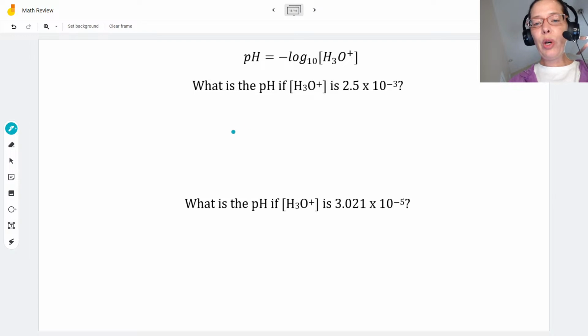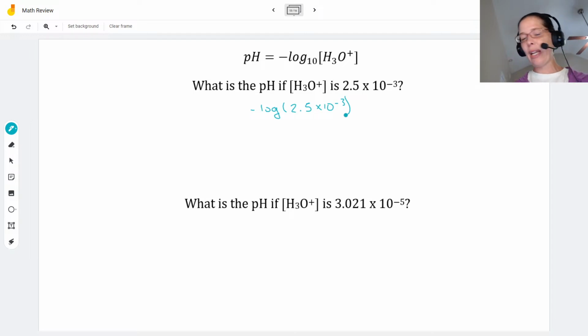What we're going to put in the calculator is negative log of 2.5 times 10 to the negative third. Now I do have my calculator here, and I want to show you how to put this in. Because this concentration is in scientific notation, it's really important when you're doing scientific notation in your calculator that you speak the language of your calculator-ese.